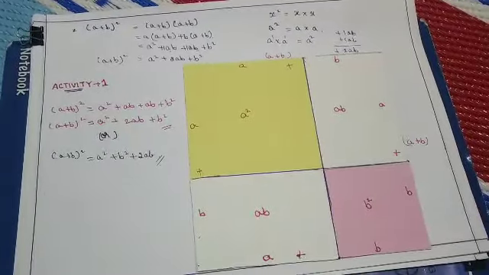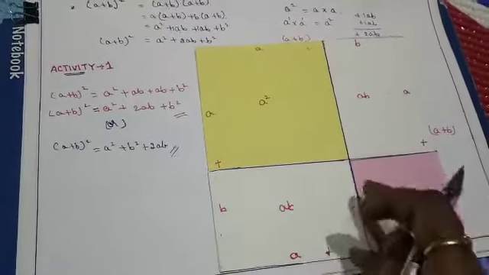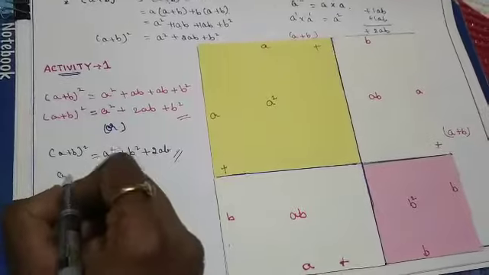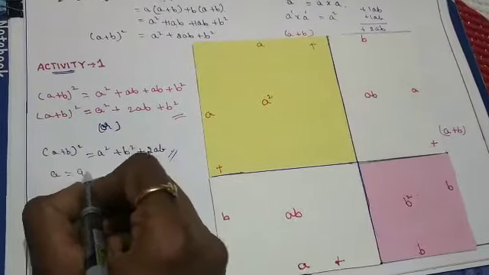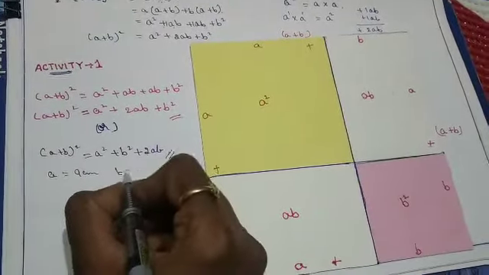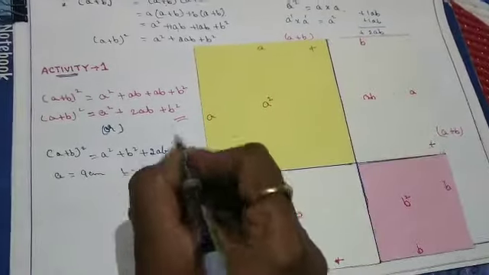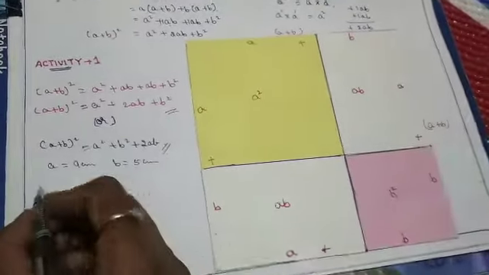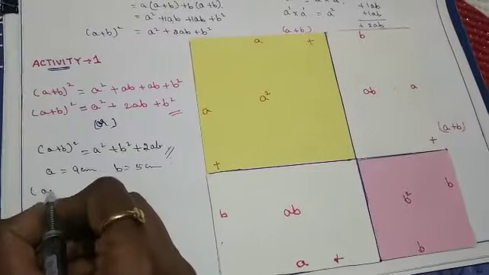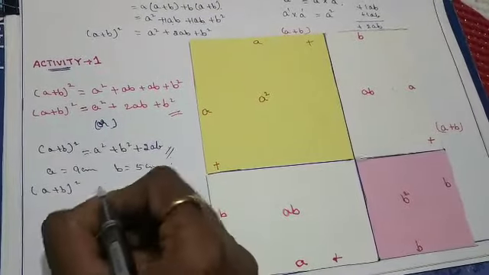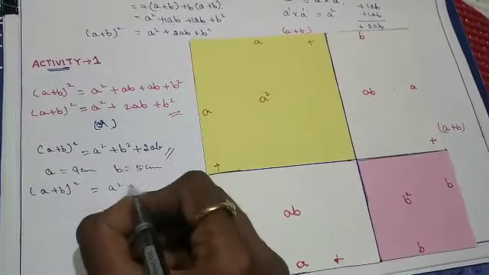Let me apply it. To prove this activity, I have taken a equal to 9 centimeter and b equal to, sorry children, b is 6, not 5, 6. Now what is its area? Let me prove LHS and RHS simultaneously, that is (a plus b) whole square equal to a square plus b square plus 2ab.